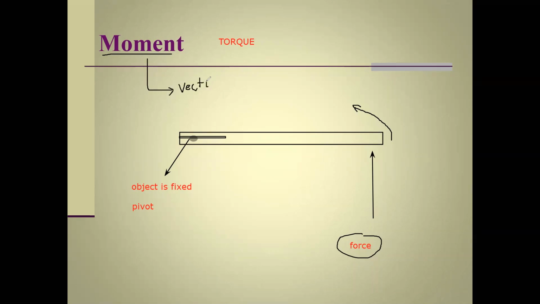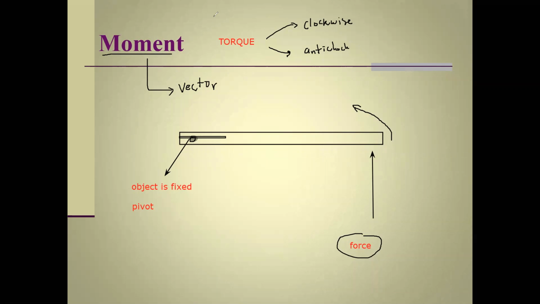In this case, the direction of the moment or torque can be clockwise or it can be anti-clockwise. The point where the object is fixed is called the pivot or fulcrum.